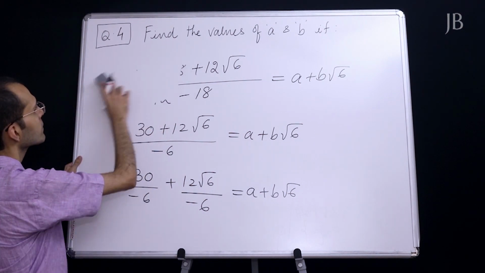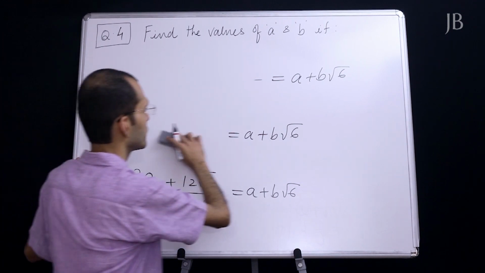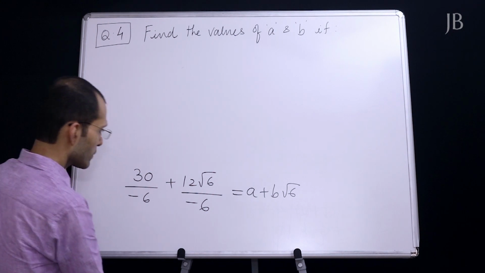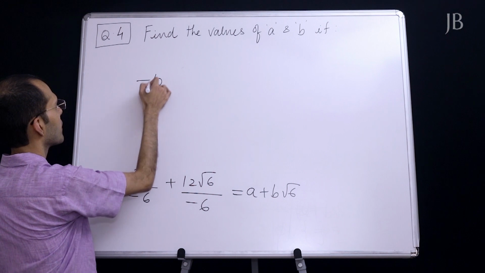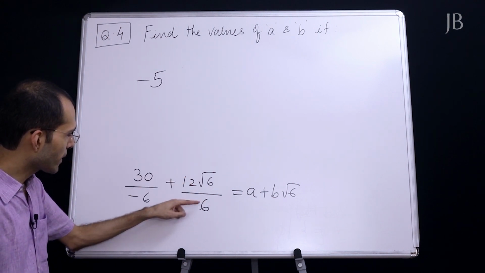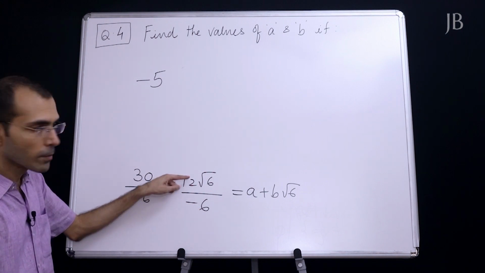Comfortable till here? Now simplify. 30 upon minus 6 is minus 5, 12 root 6 upon minus 6. So 12 upon 6, this minus sign will be given to the numerator.